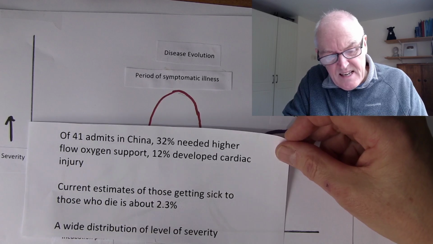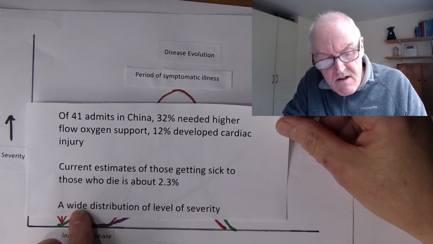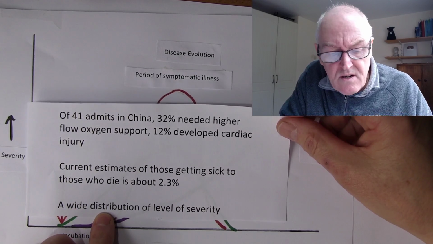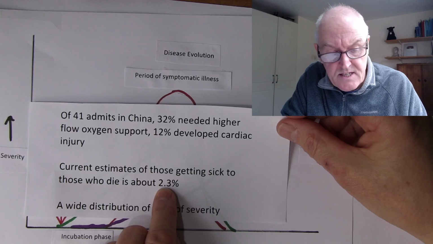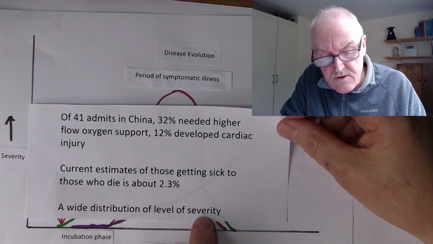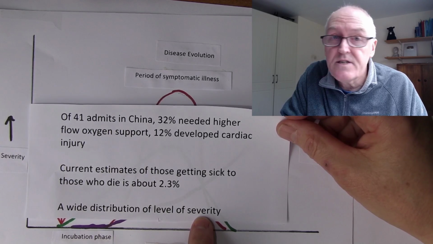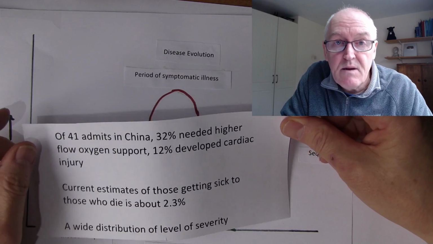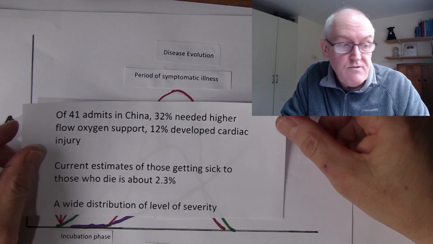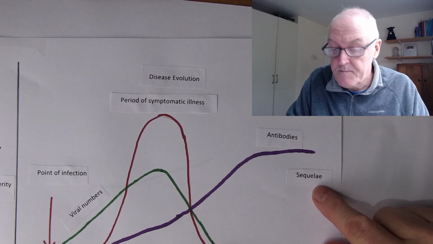And the other thing about this virus is there seems to be a very wide distribution of levels of severity. So we know that tragically there have been deaths from this, but other people seem to have had the infection and barely noticed it, hardly been ill at all, which is of course very encouraging, because that means people in the population can become immune without being very sick, and hopefully they have no sequelae either.